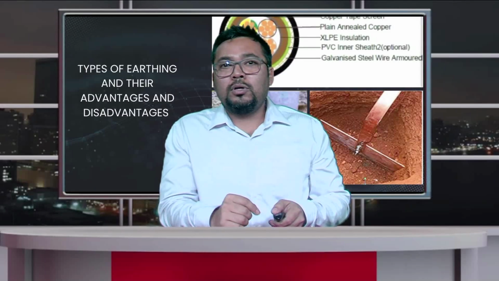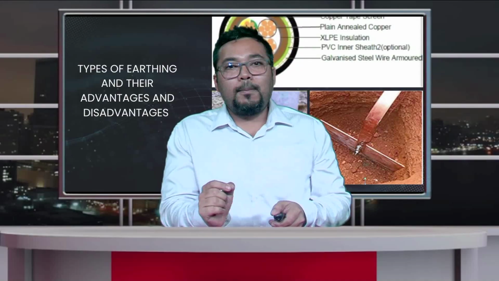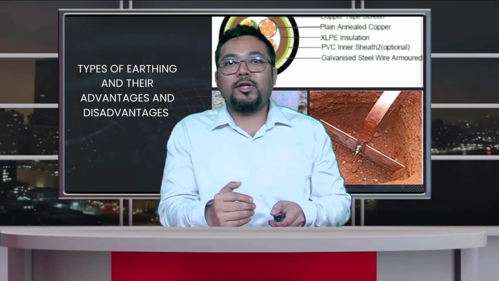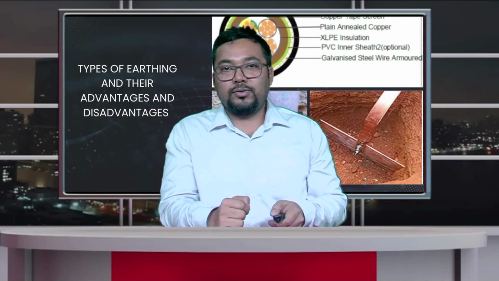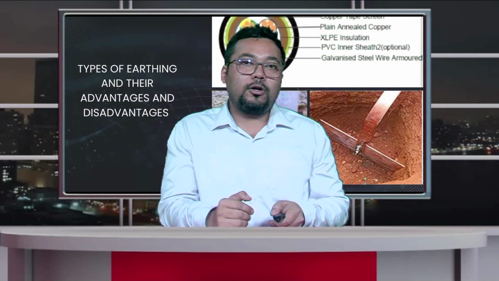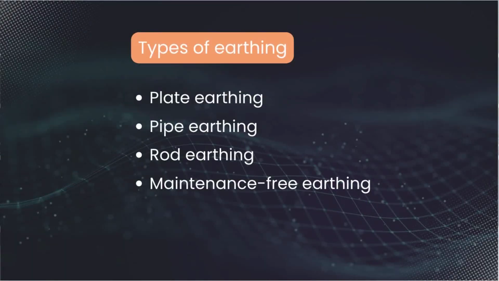Let's dive into the different types of earthing now. Earthing systems can be differentiated into several different types based on their unique applications. The most popular kinds of earthing system include plate earthing, pipe earthing, and rod earthing. And there is another one, also known as maintenance-free earthing.